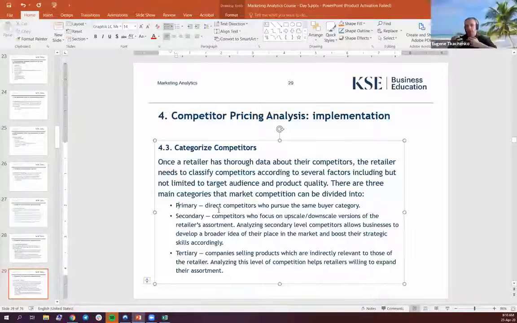So it's this kind of relationship between competitors, or the secondary type of competitors, and tertiary. So companies selling products which are indirectly relevant to those of the retailer. So I usually refer to anything related to your assortment, not directly.